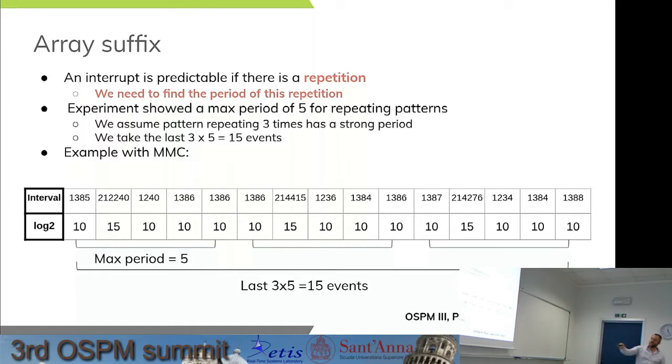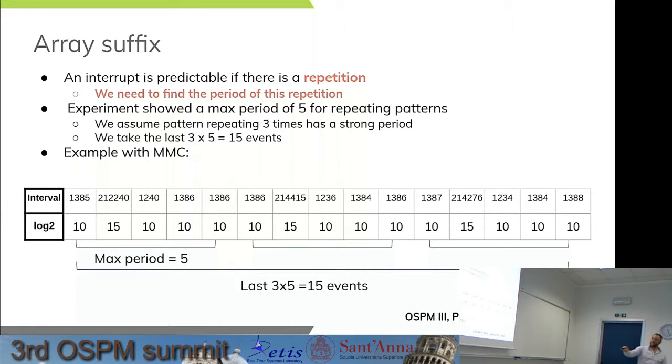In this table we have a list of intervals. These are real values, actually, coming from I think MMC. The result of the computation on log2 is this. We see that we have a period; it's periodic with period 5, repeating here.